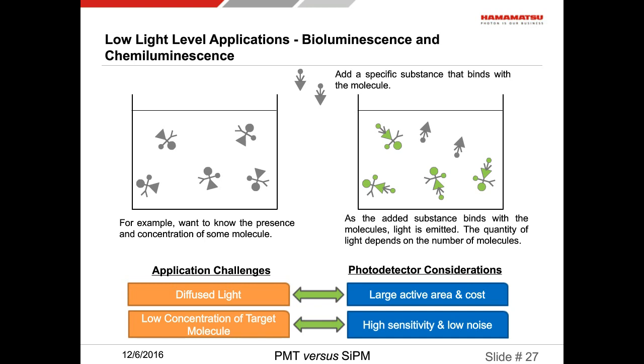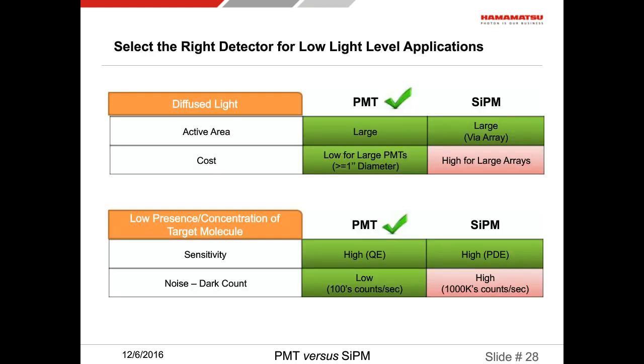Let's briefly compare our two devices. Active area of a PMT, it can be very large. The cost, as we already discussed, larger the area, lower the cost per unit area. PMTs have quite high QE and very low dark current. So all greens for PMT.